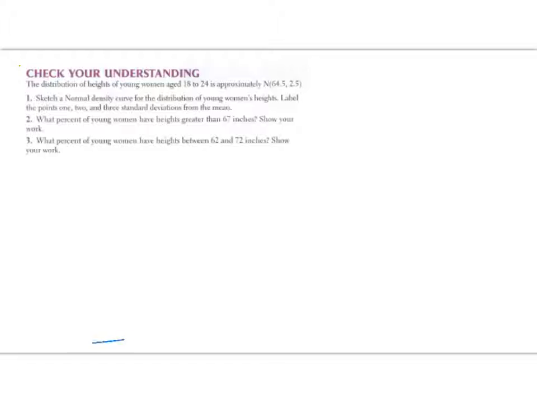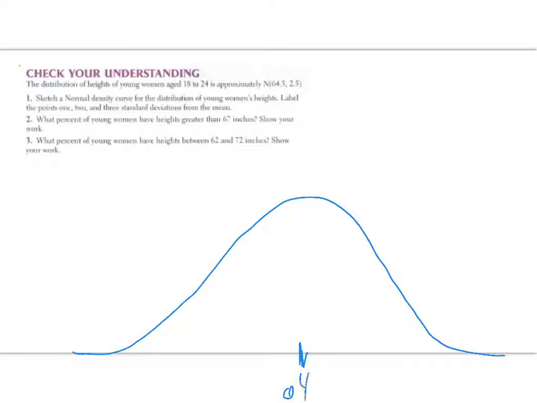Okay, so I know that I'm going to have, that was a terrible straight line. Actually, we'll use the bottom of the slide here. So I've got my normal curve here. My mean is 64.5, and I need 1 standard deviation above and below.